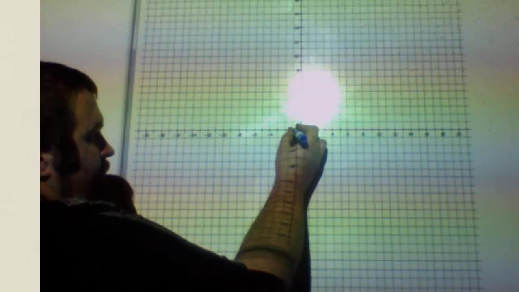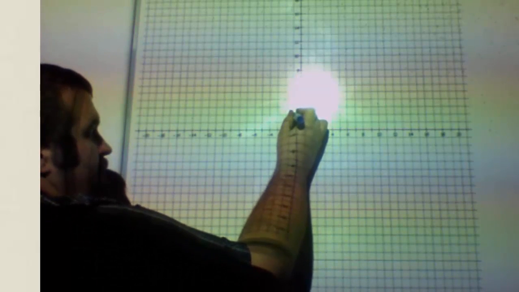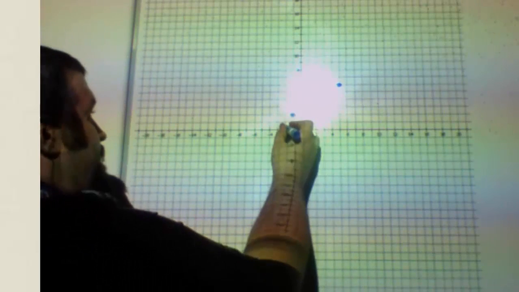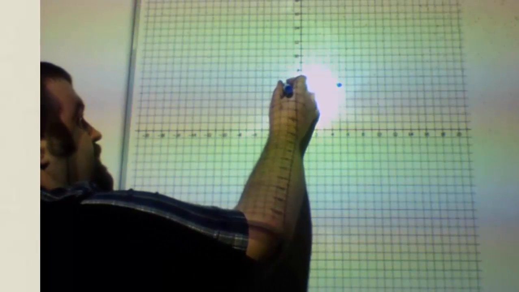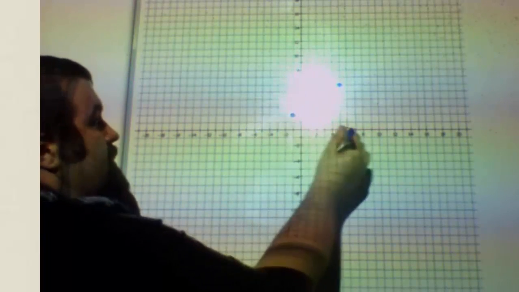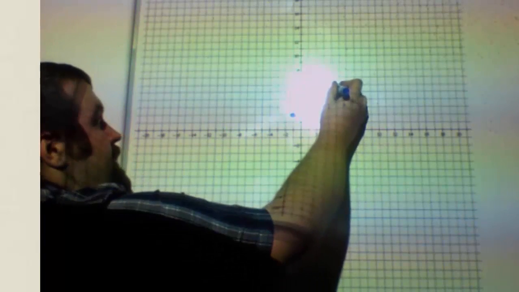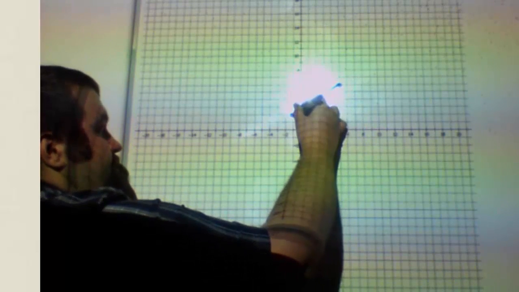A is -1, 2, so this is the first point right there. The next one is 5, 6, so 5 over, 6 up, right there. And then the next point is going to be 5, -2, right there. And if I connect all of these, alright, I'm looking for the coordinates of the centroid.